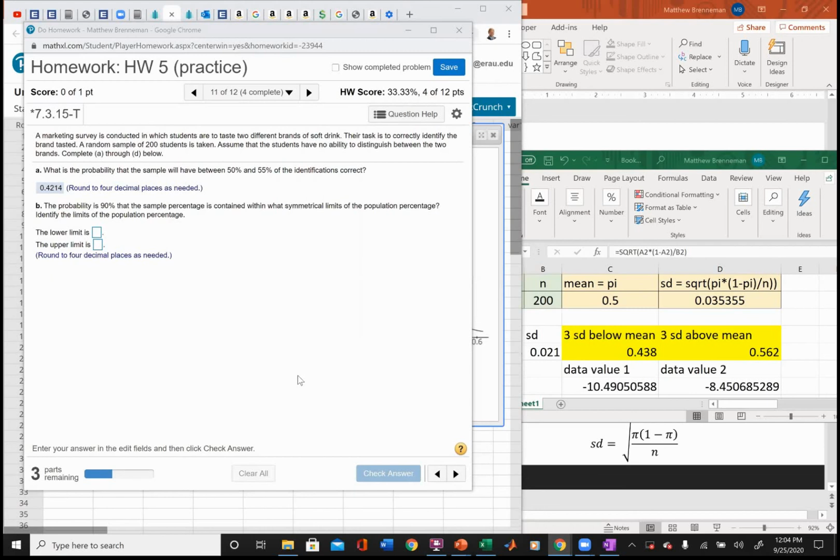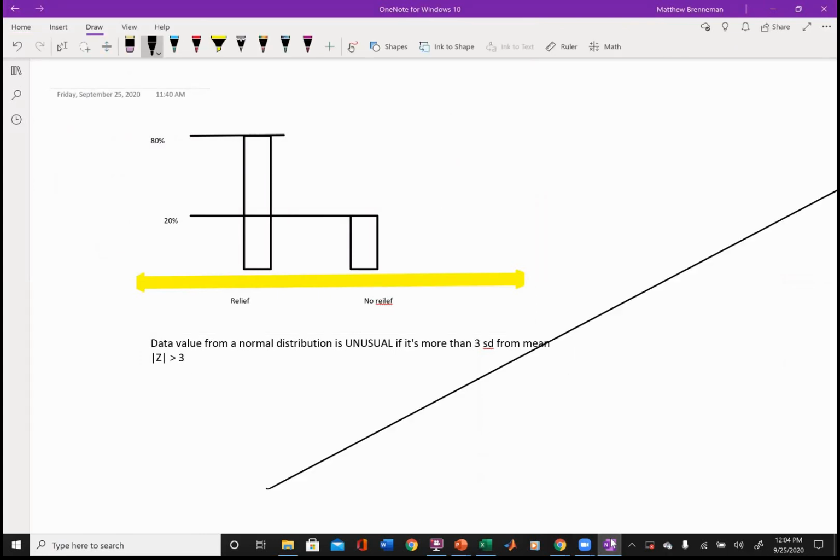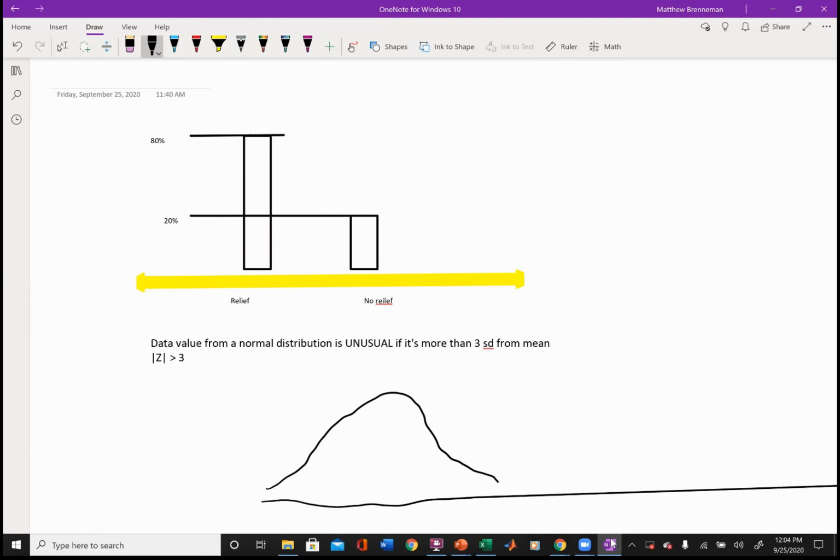And now what they're asking for this last problem is they want the values that bracket the middle 90%, okay? So here's what they're asking for the last problem. They have a normal distribution, right? And what I'm going to do is I'm going to use my normal calculator.